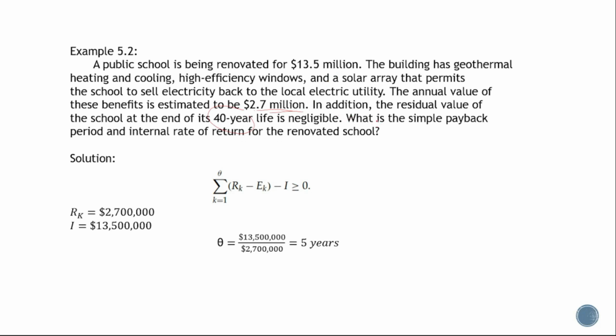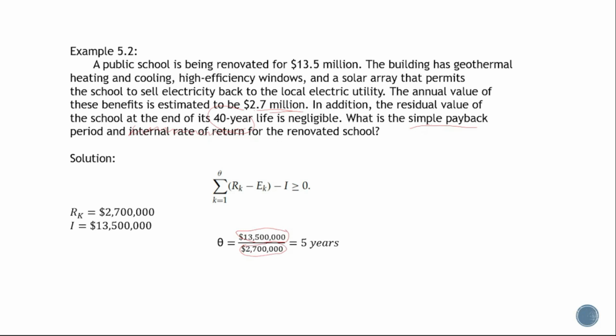We are asked to compute the simple payback period. We won't include the internal rate of return because I already discussed that. Let's focus on the simple payback period, meaning we do not consider the time value of money. We have an initial investment of $13.5 million and an annual cash inflow of 2.7 million.